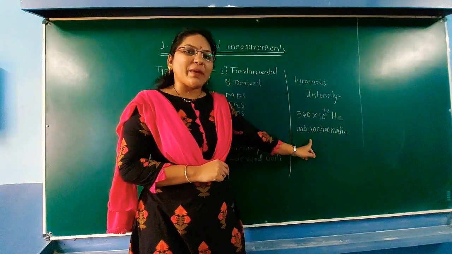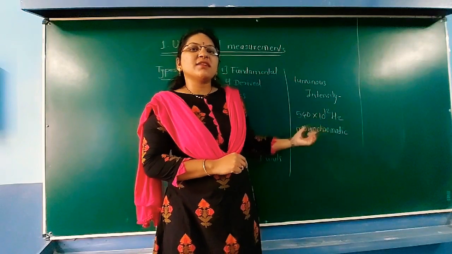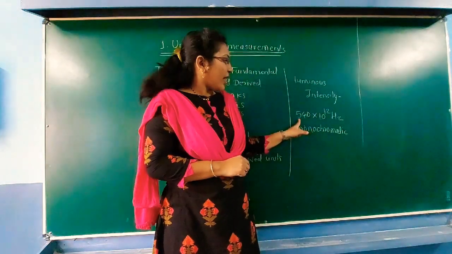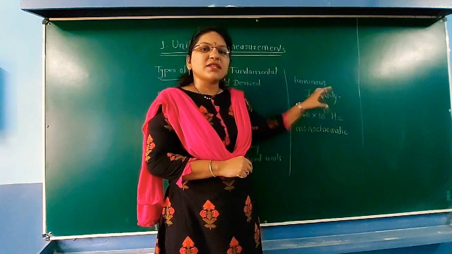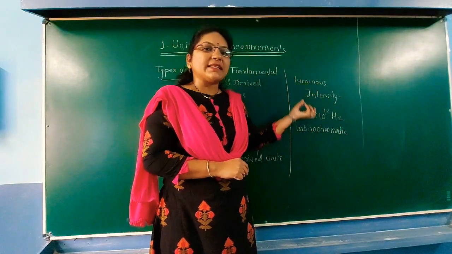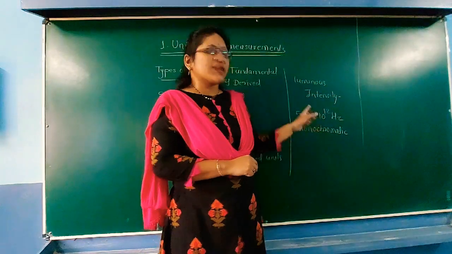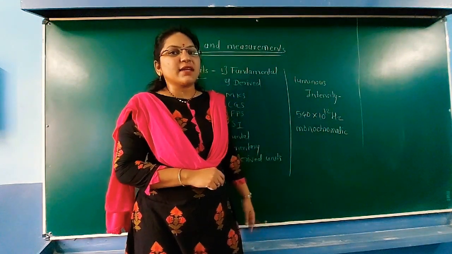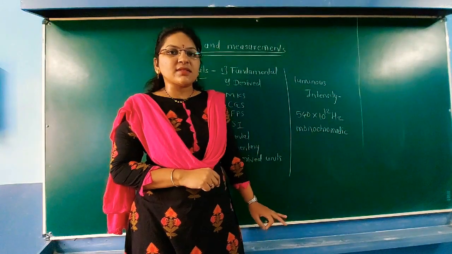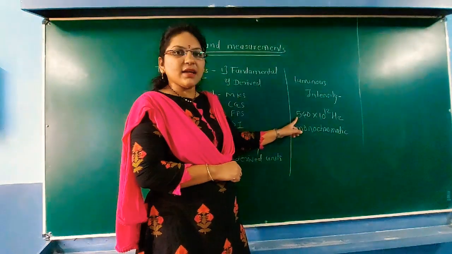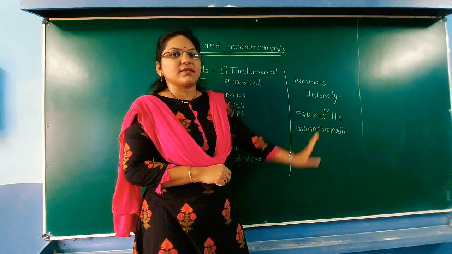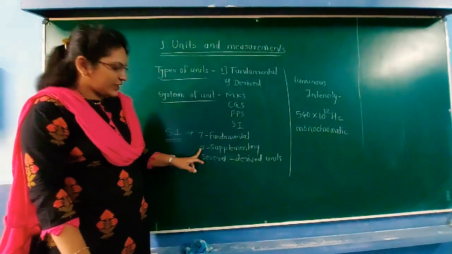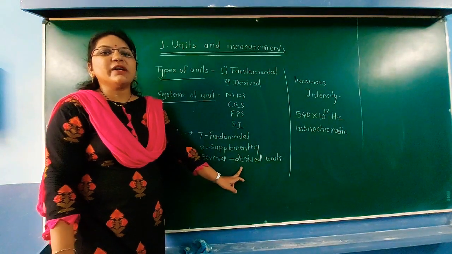The source which emits such monochromatic light of frequency 540 into 10 raised to 12 Hertz has some intensity, and the intensity of that source is called the luminous intensity. Understood?